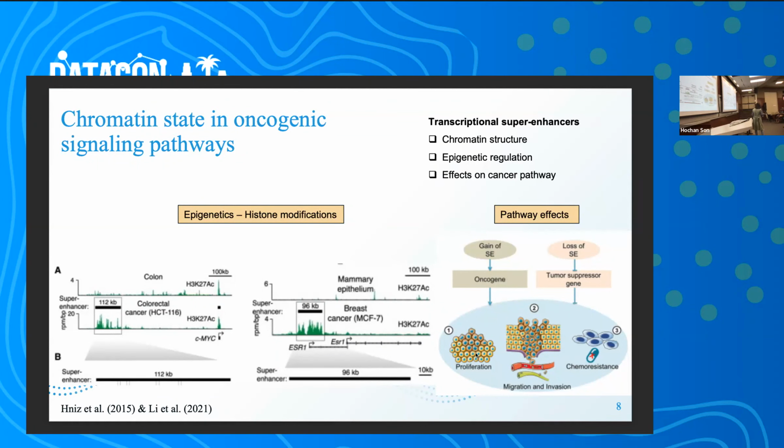It can make the cancer cell proliferate and grow more, or it can make the cancer cell start to migrate to other sides of the body and invade those regions. And in some cases, those also make the cancer cell resistant to certain chemotherapy.